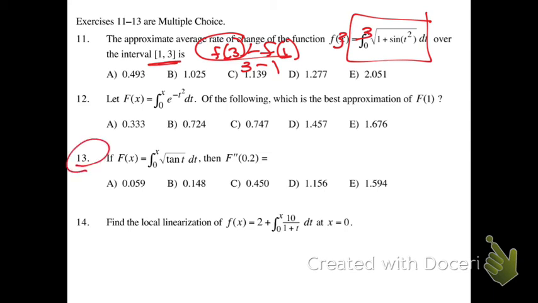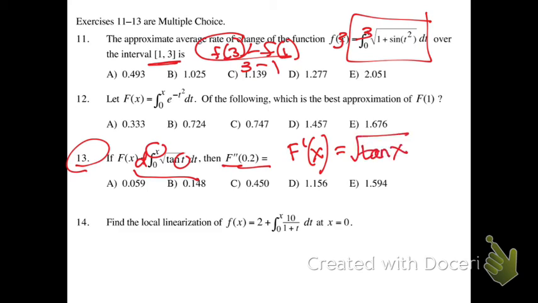Now look at number 13. They want the second derivative. So when you do your first derivative, it's going to be the derivative of an integral. So they undo each other, and you just replace the t with an x, and you get the square root of tangent x. Next, they want us to find another derivative. So we're going to do the second derivative at point 2.